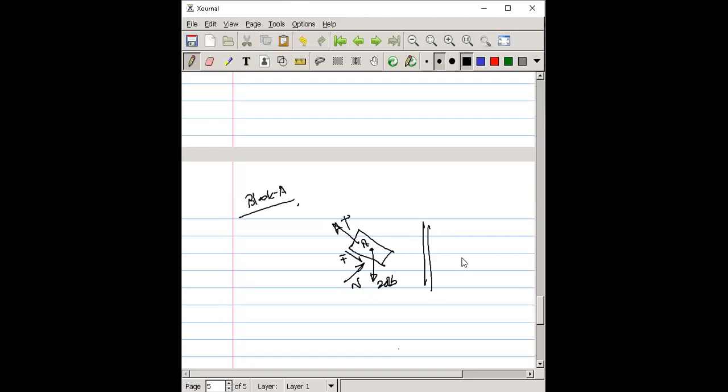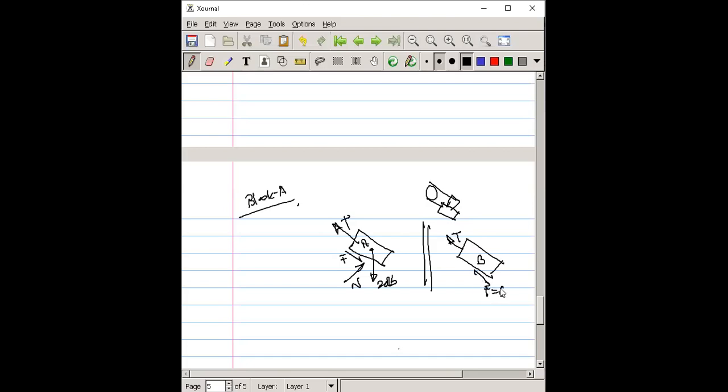Similarly you have to do the free body diagram for block B. For block B, in a similar manner, a string is there, two bodies connected. As this body moves in the downward direction, the friction force is on the opposite side.